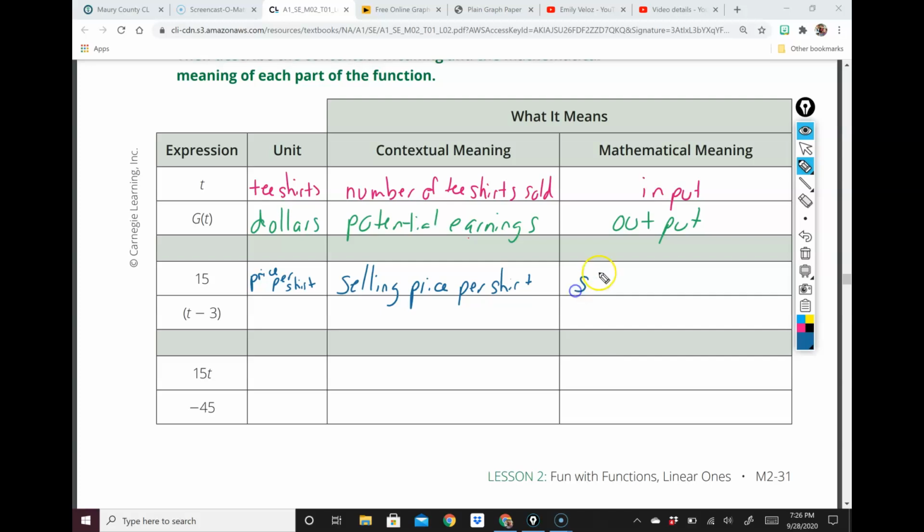And this is called your slope or your rate of change. t minus 3 is your t-shirts. Number of t-shirts that need to be sold, not counting the 3 free ones.